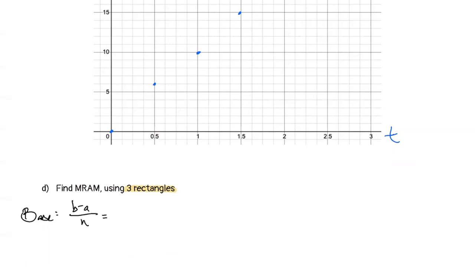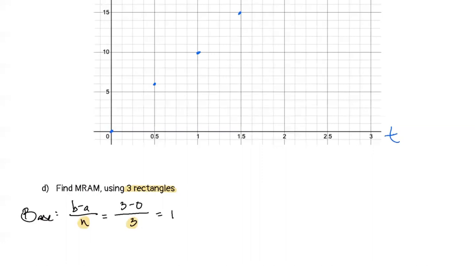What's our b? What's our a? What's our n in this case? Good, we've got b is 3, a is 0. And this time we're using 3 for our n because we only have 3 rectangles. So 3 minus 0 is 3, and 3 divided by 3 gives us 1. And so you folks are absolutely correct.